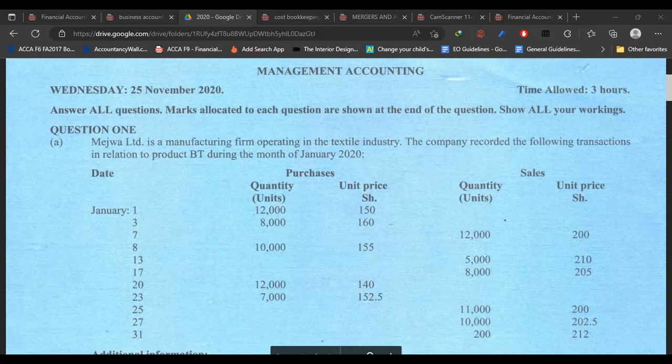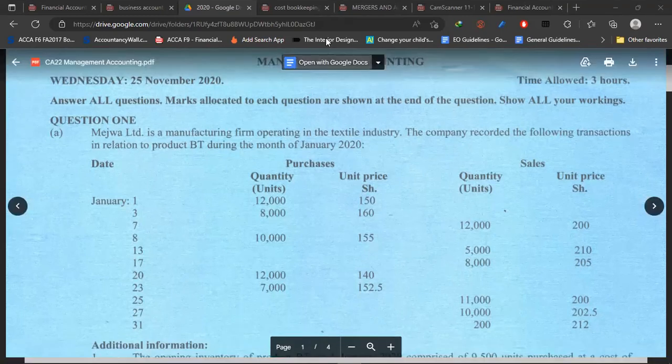So what am I going to be doing? Very simple. There is one trick which the examiner has already used in this question. You can see now the aspect of issuing.